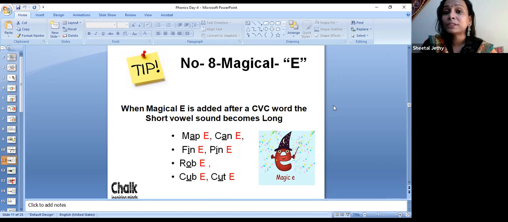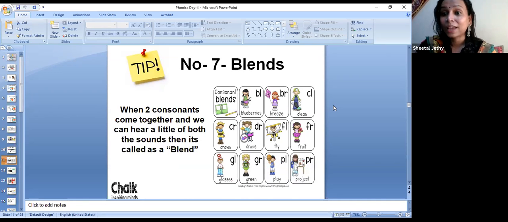Let's come to tip number 7. Blends. Now, what are blends? These are two consonants that come together where you can hear a little bit of the sound of each one of the letters. Let me give you some examples.